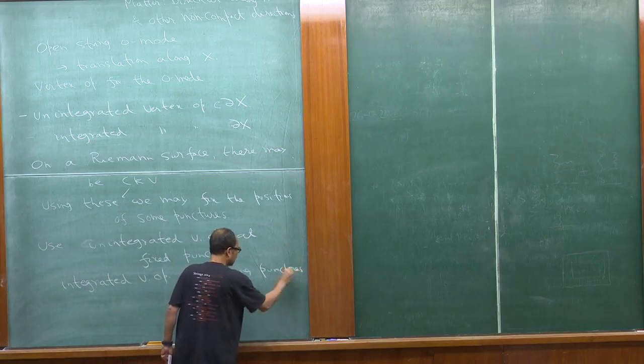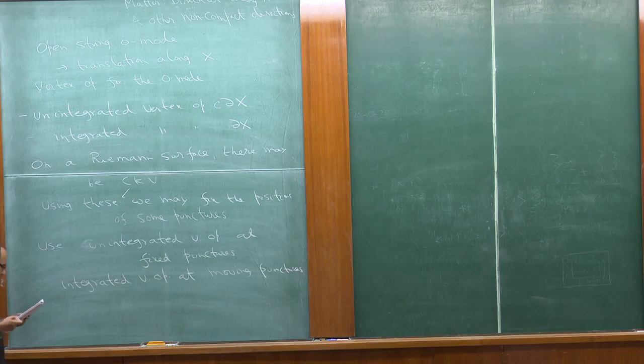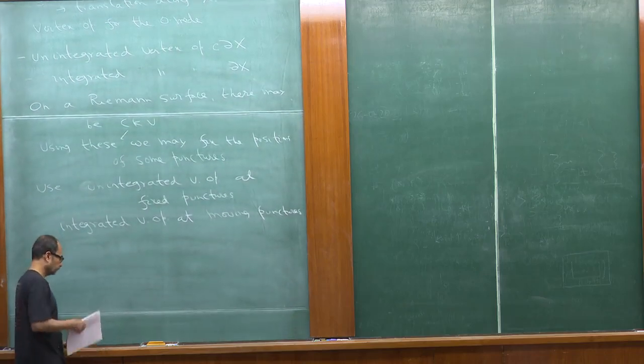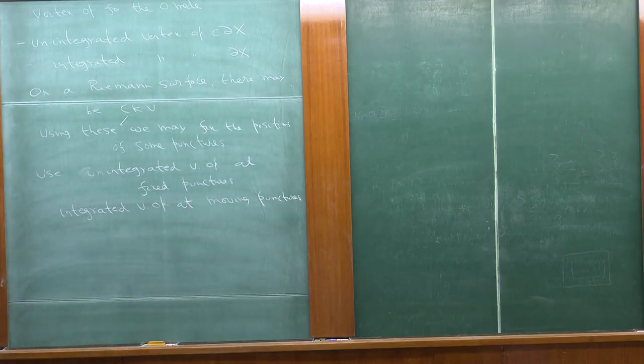Okay, moving punctures means we just integrate over the positions of these punctures when calculating amplitudes. So, let me discuss a simple example.